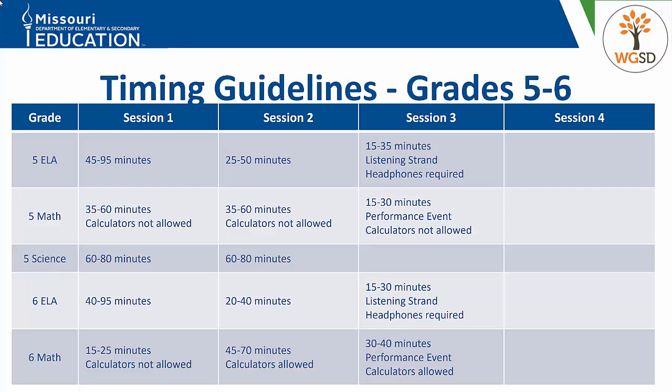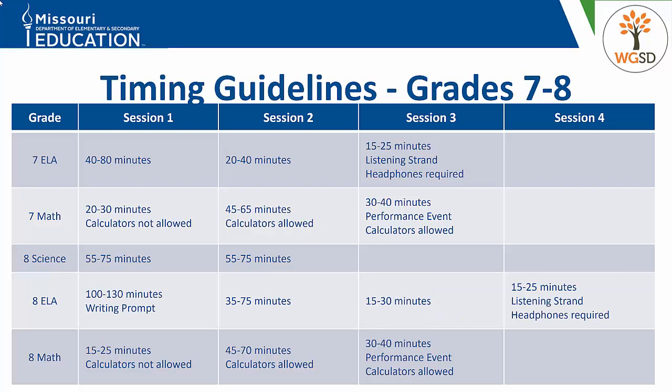Timing guidelines for grades 5 through 6. Grade 5 ELA, 3 sessions. Grade 5 Math, 3 sessions. Grade 5 Science, 2 sessions. Grade 6 ELA, 3 sessions. Grade 6 Math, 3 sessions.